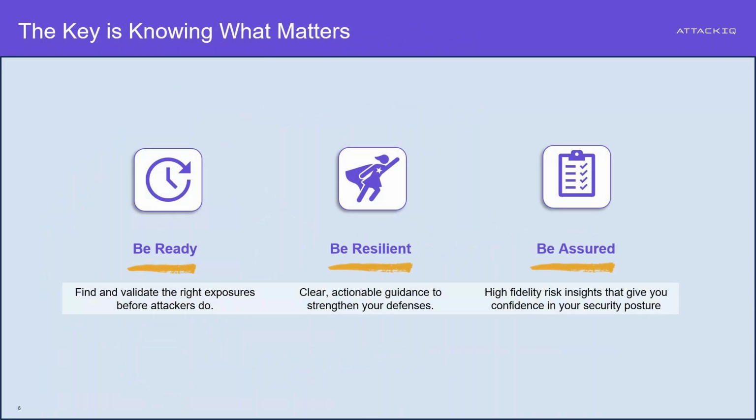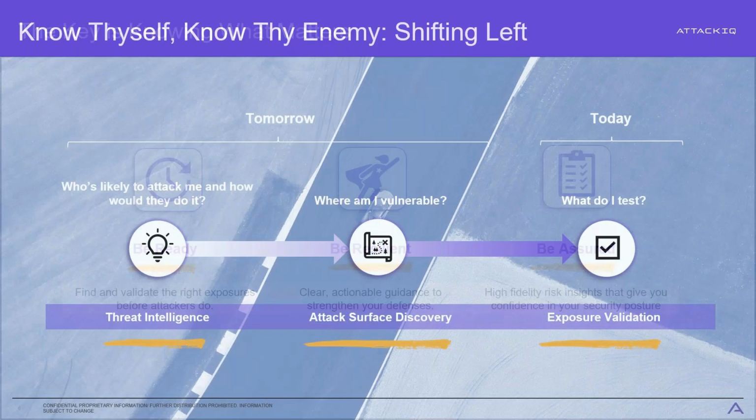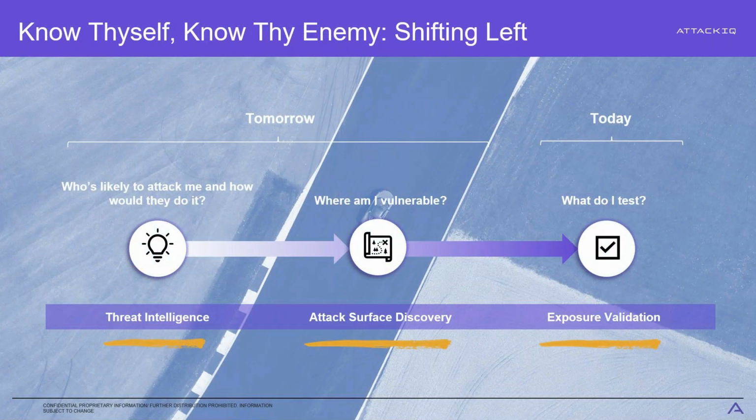So what you're actually seeing is, what do I test over on the right-hand side? That's that exposure validation that we're all very familiar with. Traditionally, security teams operate on that right side of the timeline. They'll conduct breach and attack simulations or pen tests, but only after threats become apparent.